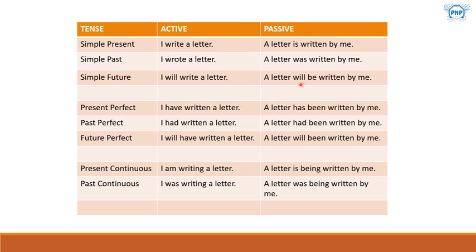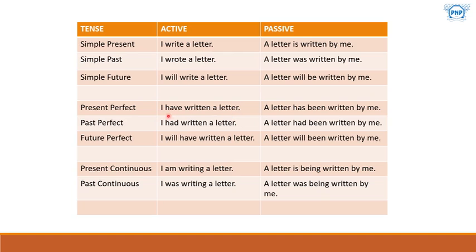A letter will be written by me. Understood? Will be written by me. So we need to understand the things very clearly, that there are a few changes which happen according to the tense. Next, present perfect.